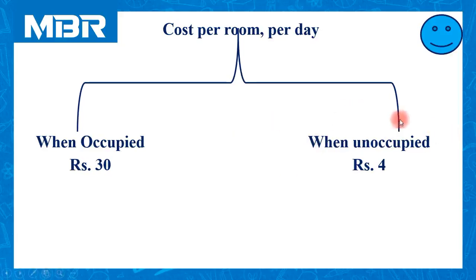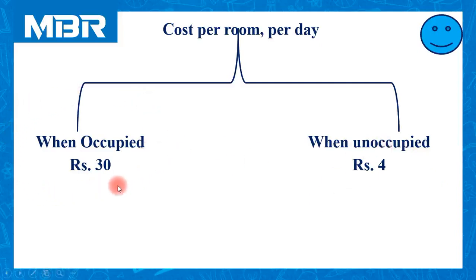So we can easily say that these rupees 4 are incurred throughout the year, all 365 days, irrespective of the occupancy of the room. These rupees 4 are related to dusting, cleaning and sweeping. This expenditure is paid when rooms are occupied as well as when rooms are unoccupied.